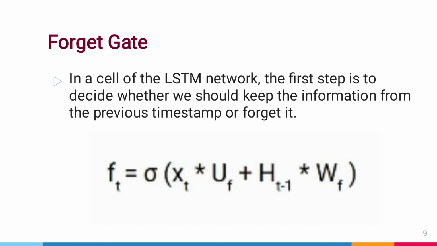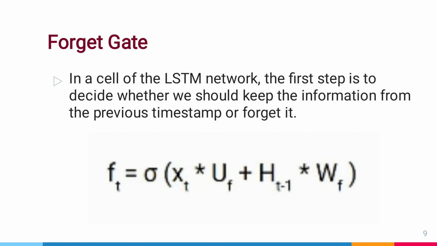Then let's see how the forget gate works. In a cell of the LSTM network, the first step is to decide whether we should keep the information from the previous timestamp or forget it. Here is the equation for the forget gate: f(t) = sigma(x(t) * U_f + h(t-1) * W_f).